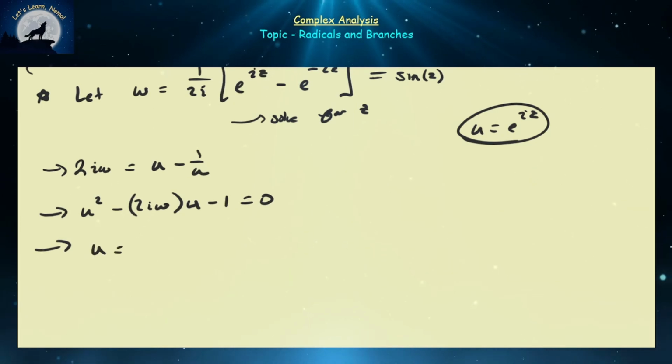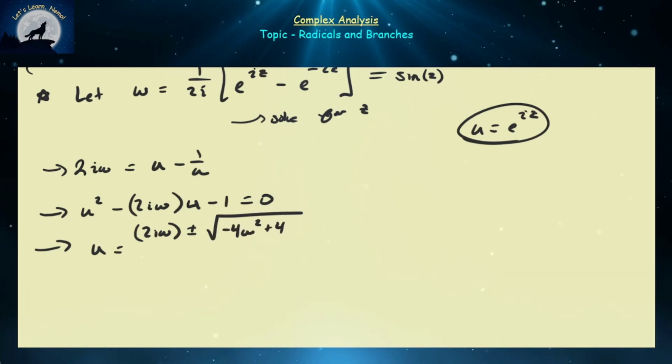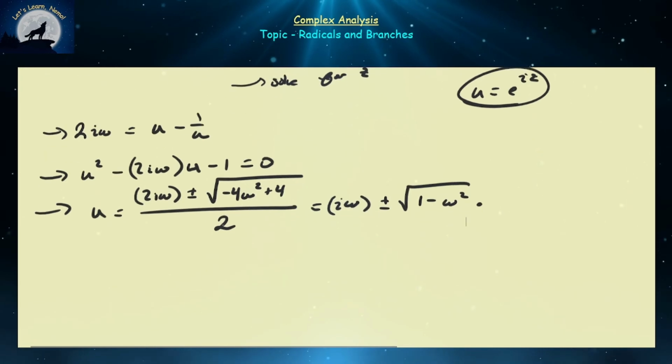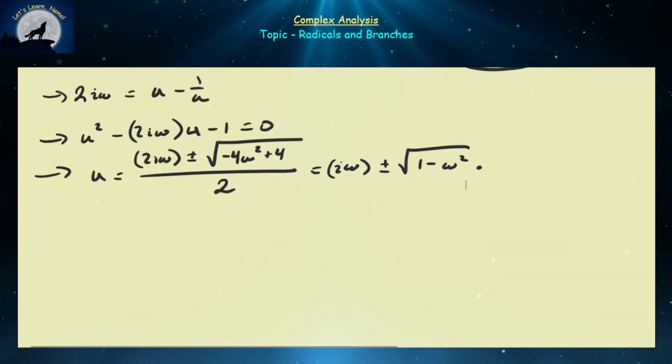So u will be equal to 2i omega, plus or minus the square root of minus 4 omega squared plus 4, all over 2. Then we can factor out a 4 outside the radical and cancel a 2. And then we're going to have i omega plus or minus the square root of 1 minus omega squared. So that's going to give us u, and then we can resubstitute back.